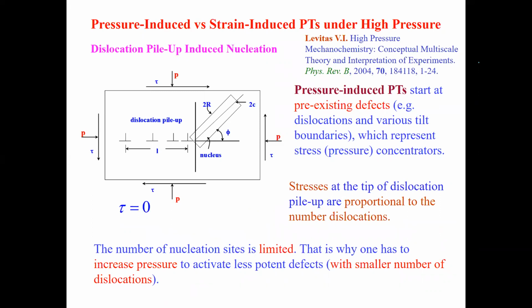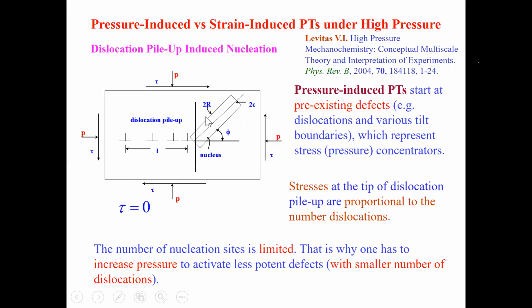And well, one point which was not recognized by the high pressure community and by the severe plastic deformation community is that there are 2 completely different types of phase transformation: pressure-induced phase transformation and plastic strain-induced phase transformation under hydrostatic conditions. So all phase transformation in real material starts at defects.